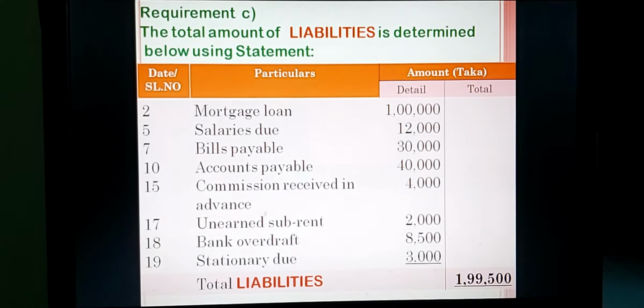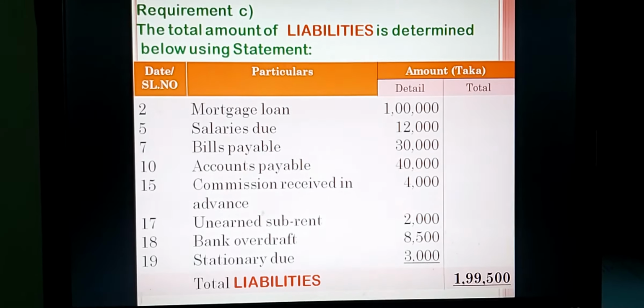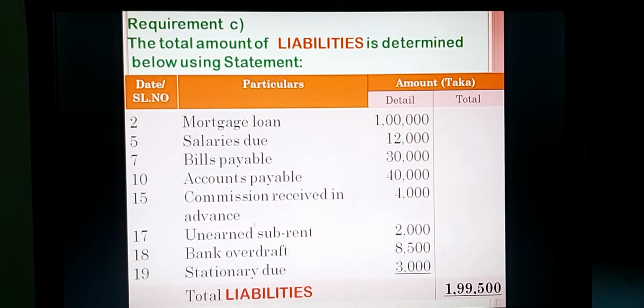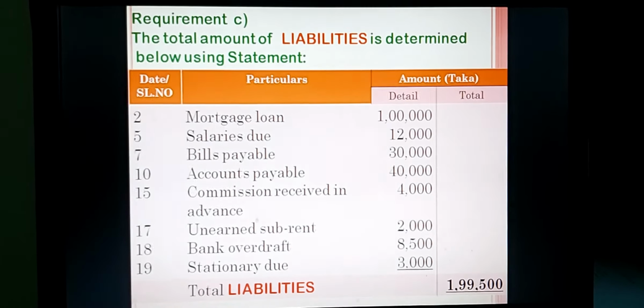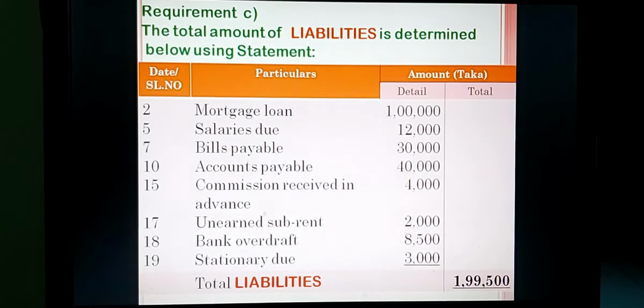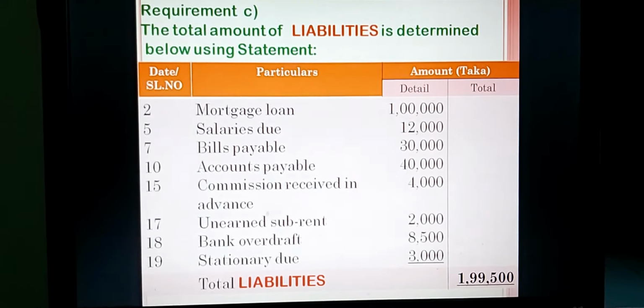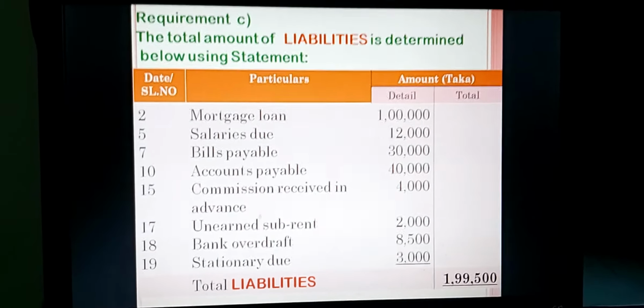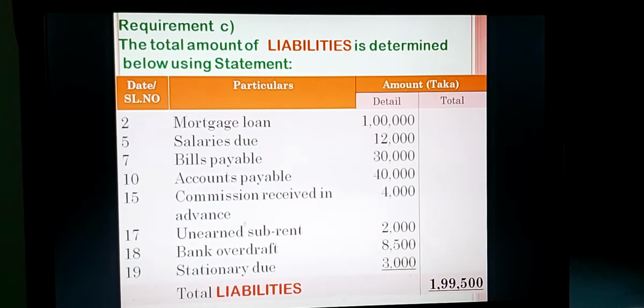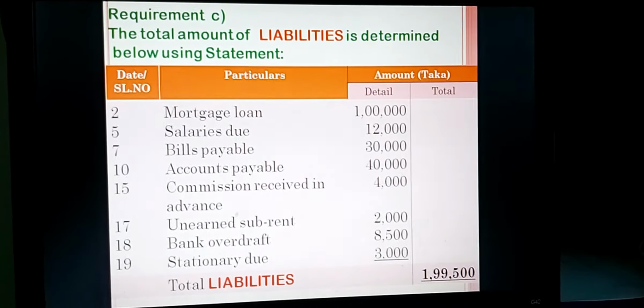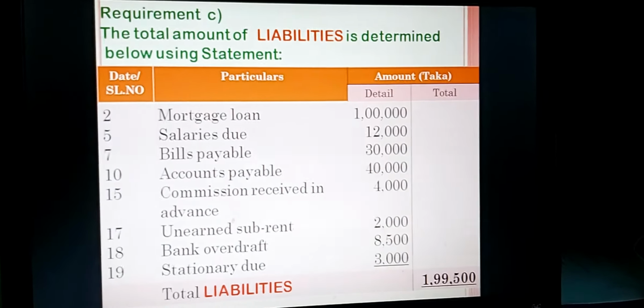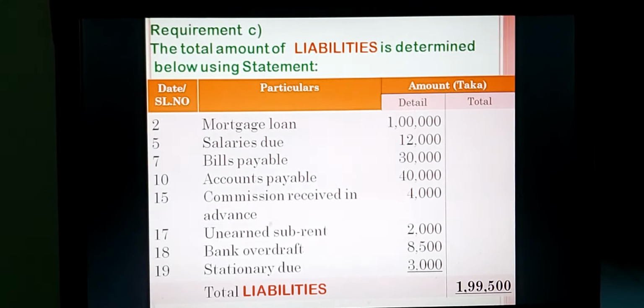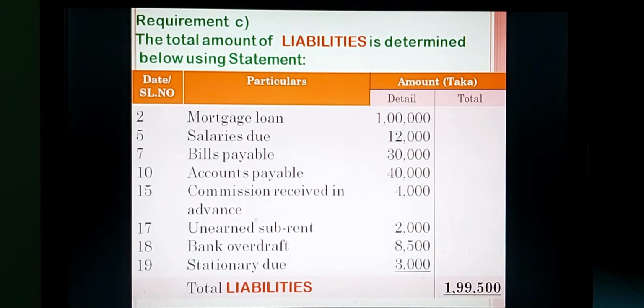Rent received is one kind of revenue, but when rent is received in advance, then it is treated as a liability. Bank overdraft. Bank balance is a current asset, but when the bank balance is credit, that is the name of bank overdraft, so it is a current liability.